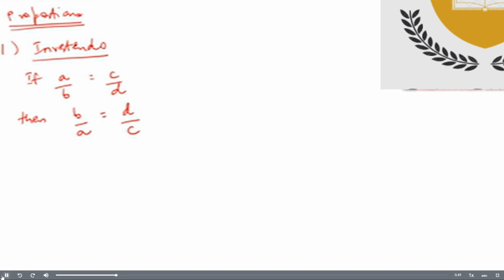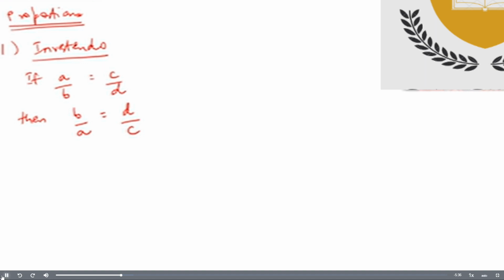Let me show you one example. If I have a ratio 1 is to 2 is proportional to 2 is to 4, then I know that 1 by 2 is equal to 2 by 4.